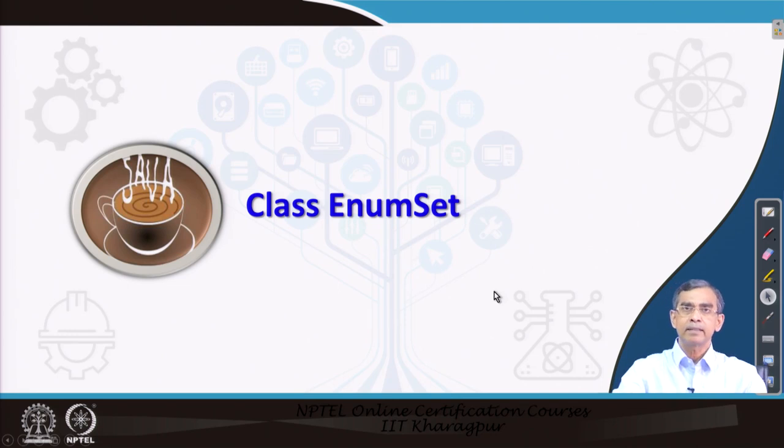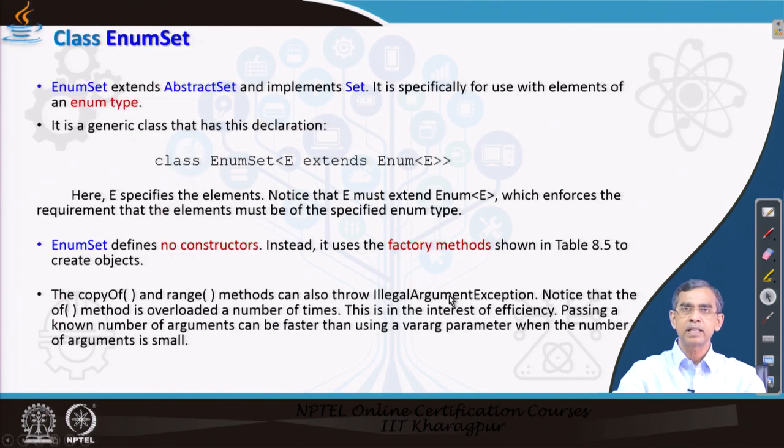Now, there is another class which belongs to this set category. It is called EnumSet. The EnumSet concept is basically a collection of some enumerated data type. Enumerated data type means some data type which does not belong to any ordinary type of data, but it is called enumerated.